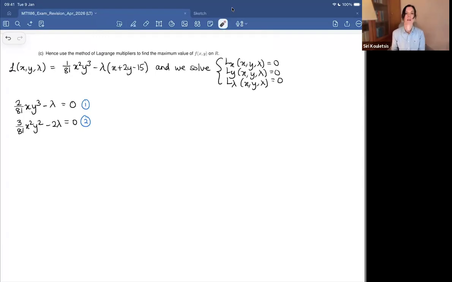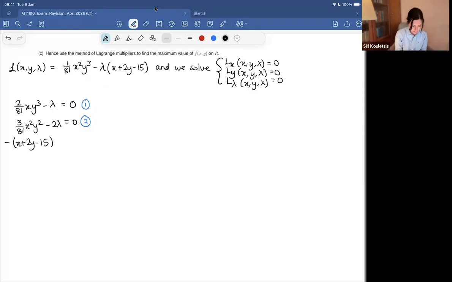Now, the final partial derivative that we need to find is L with respect to lambda, and of course now x and y are treated as constants, so this first term differentiated with respect to lambda will give us 0, and all we have left here is minus times this whole bracket, set equal to 0.